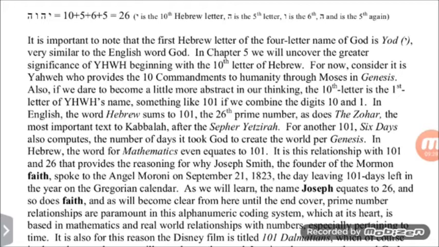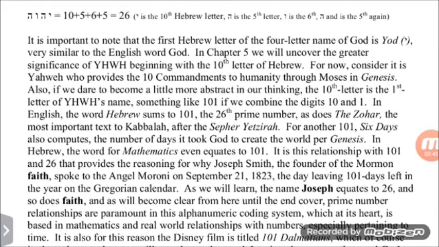It is this relationship with 101 and 26 that provides the reasoning for why Joseph Smith, the founder of the Mormon faith, spoke to the angel Moroni on September 21st, 1823, the day leaving 101 days left in the year on the Gregorian calendar.